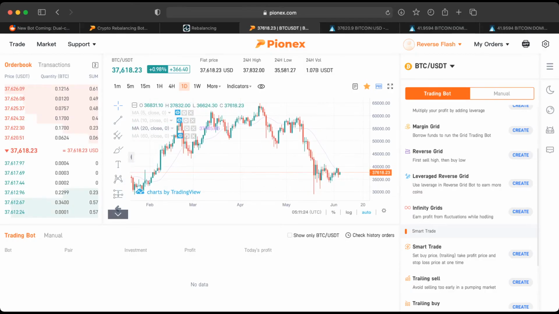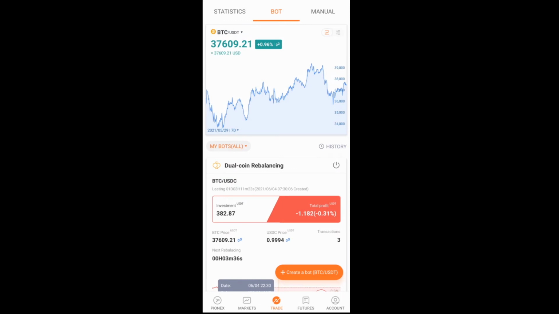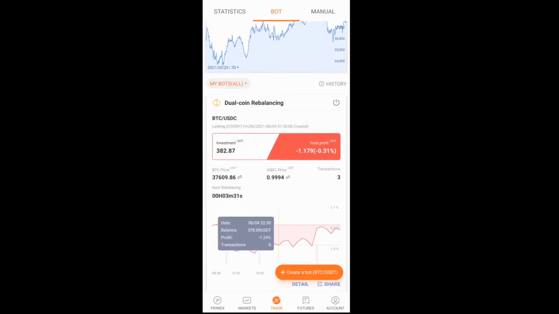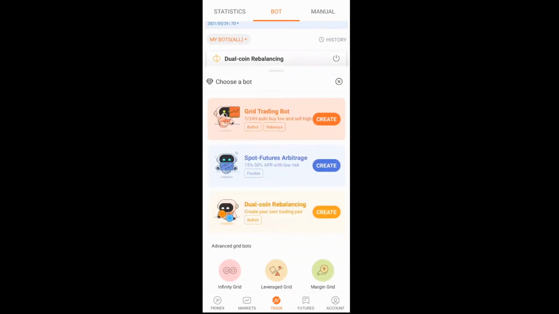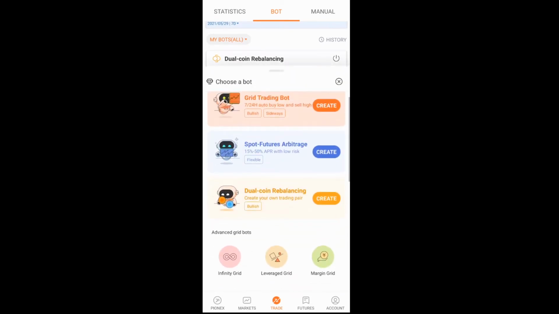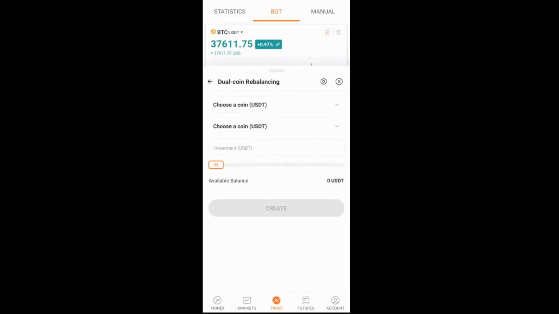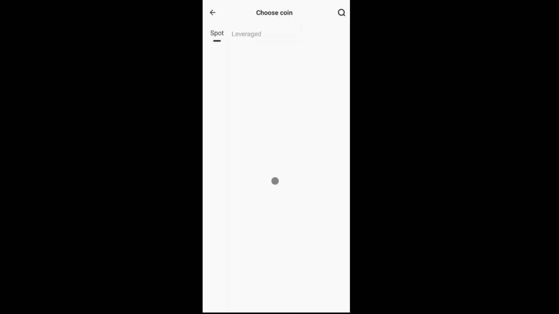So this is the bot I started yesterday. As you can see, it has been running for one day, and I'll quickly show you how to create this bot. It is available here in the create bot, and you just choose any two coins.